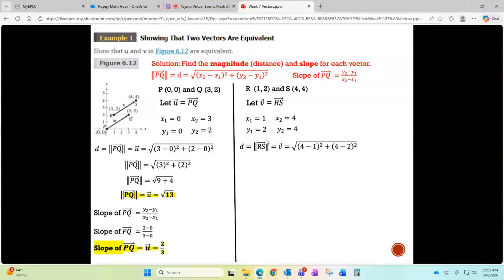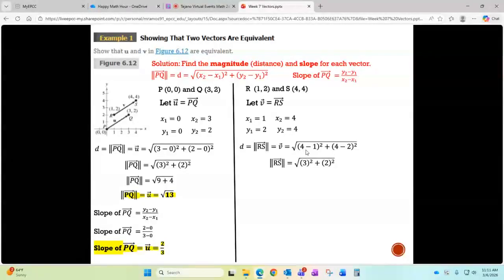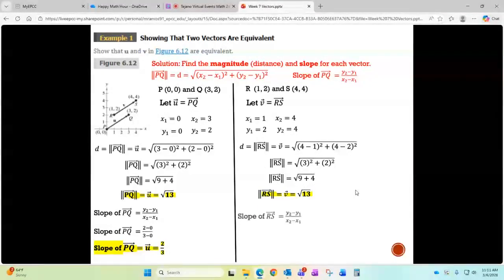We're going to start with finding the magnitude, or again, the distance. Plugging in the values, x2 minus x1 squared plus y2 minus y1 squared. So I plug in 4 minus 1 squared, 4 minus 2 squared, which gives me 3 squared and 2 squared, leaves me with 9 plus 4, and I get the square root of 13.